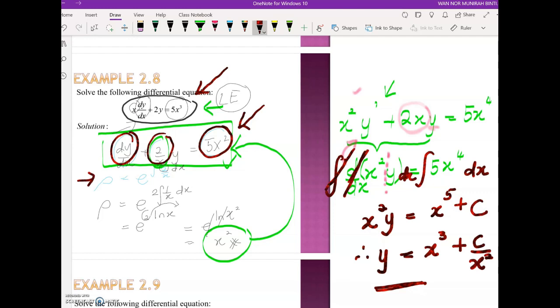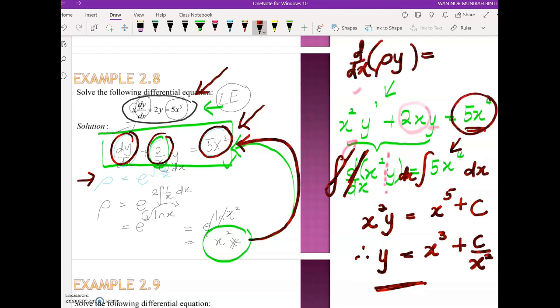After you get the integrating factor, multiply it into the equation that you simplified just now, and then simplify the left hand side while your right hand side remains unchanged. On the left hand side you just put rho y, and then you need to differentiate with respect to x; the right hand side of your equation remains unchanged. After that, you integrate both sides of the equation with respect to x, and then you get the general solution.